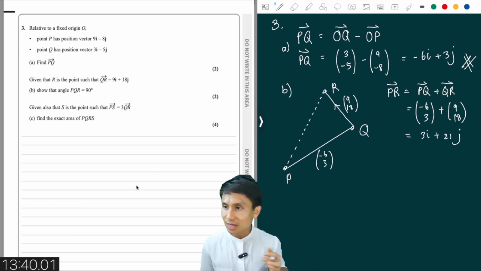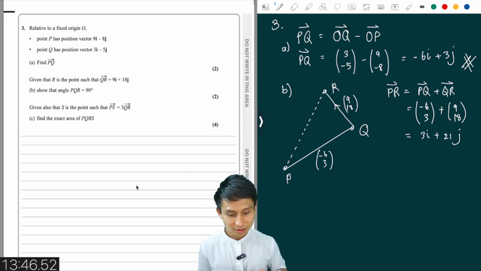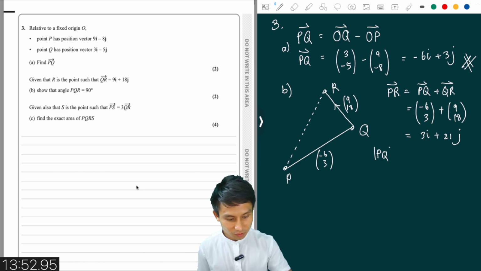So if we find the length of these three sides, assuming it's a right angle triangle, and if it works, then it should be 90 degrees, right? So, well, we can do PQ squared. I'm just going to do squared like that.